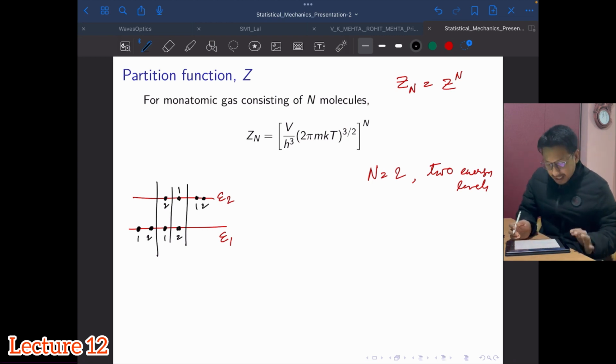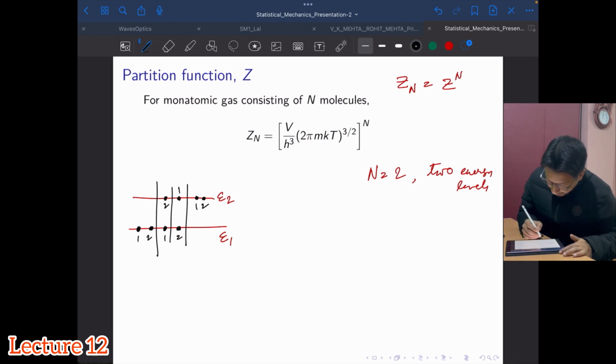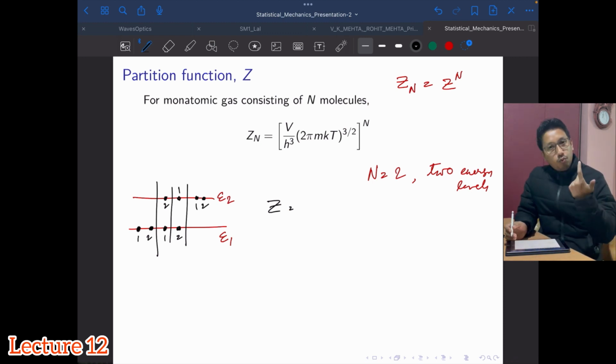So now let's try to write the partition function for that. The single particle partition function we already know, right? The single particle will be given by Z. So there are two energy states, one particle.